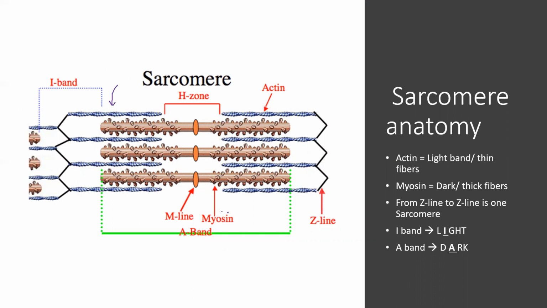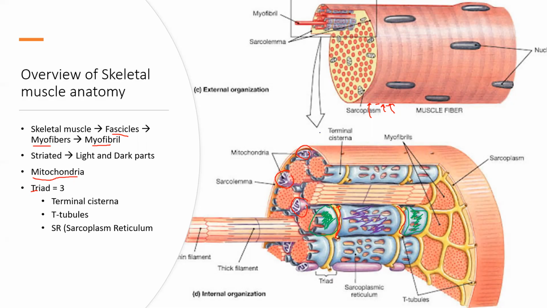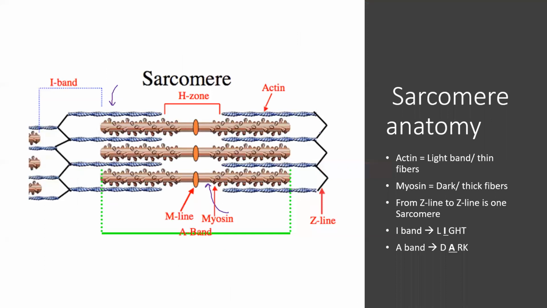We have myosin, which is the red. And as you can see, myosin is thick, and that's going to be the dark band. I told you again how it's light, dark, light, dark, the striation. That's because myosin is dark and actin is thin and light. You need to know the difference because they play an important role. A lot of test questions in class will be based off this.